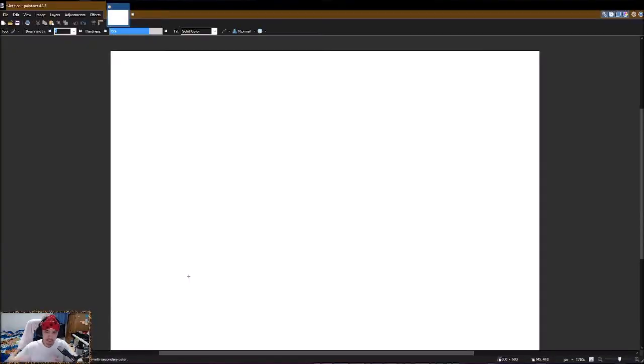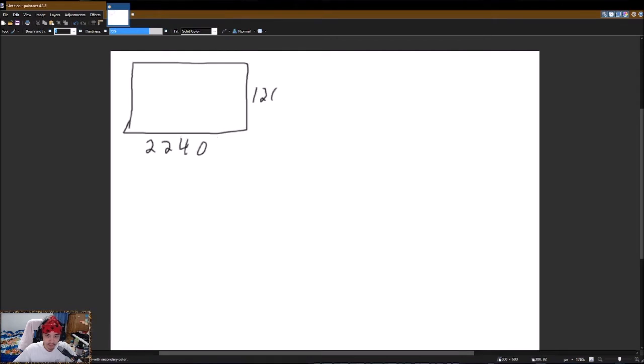Once I got the mouse coordinates and my position coordinates, all I had to do was find the dimensions that these coordinates would fit in the screen. So for the mouse coordinates, I found that the dimensions the mouse was restricted to were 2240 by 1260. And this may be because of the resolution that I'm playing the game in.